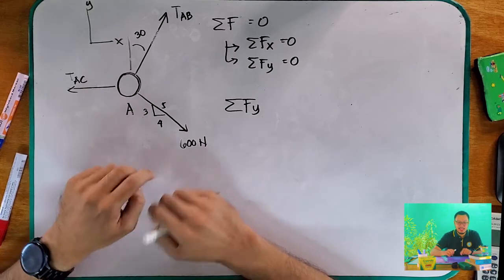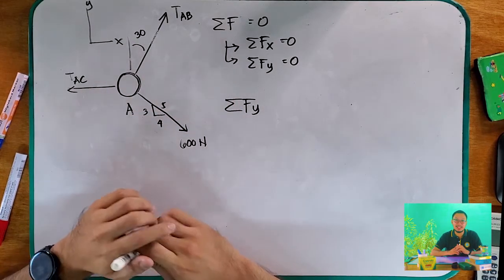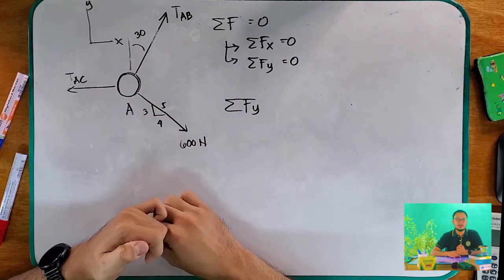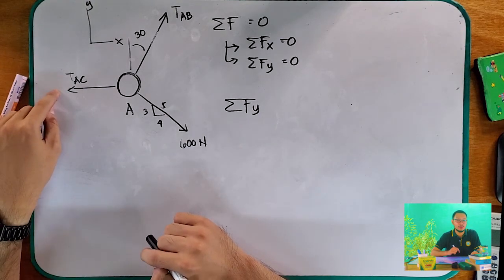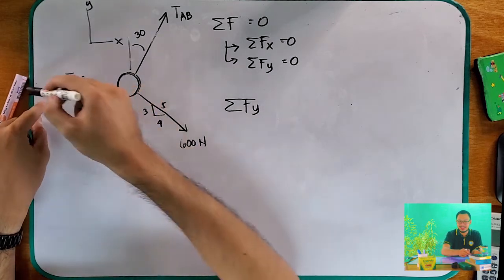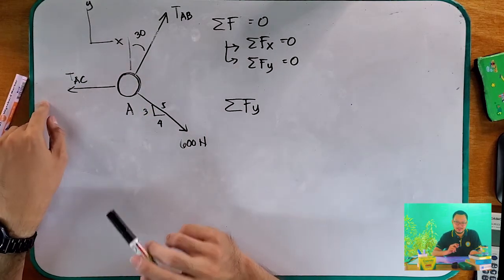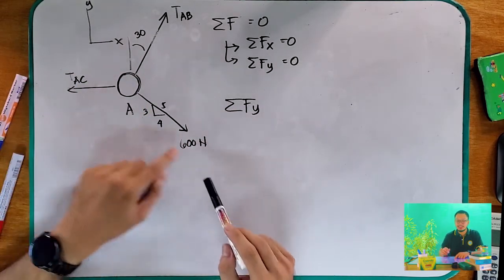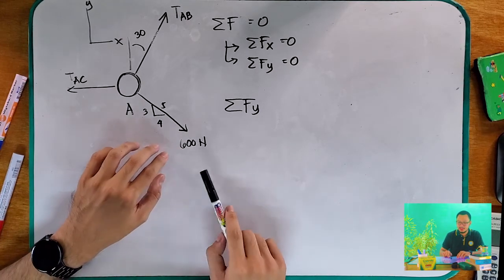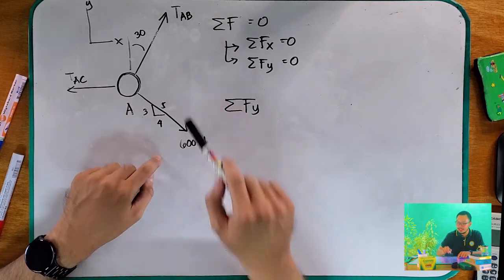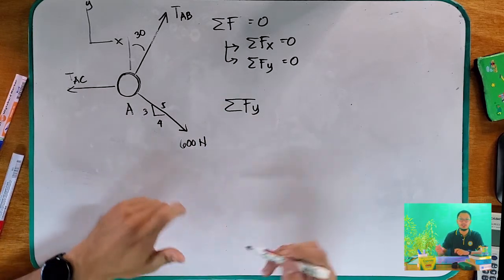And as you can see, which of these forces has a component in y? We all know that TAC has no y component, because it is directed along the x-axis. Your TAB and your 600 newtons have a component in y. So that is why we have to account for TAB and the 600 newtons in our solution.